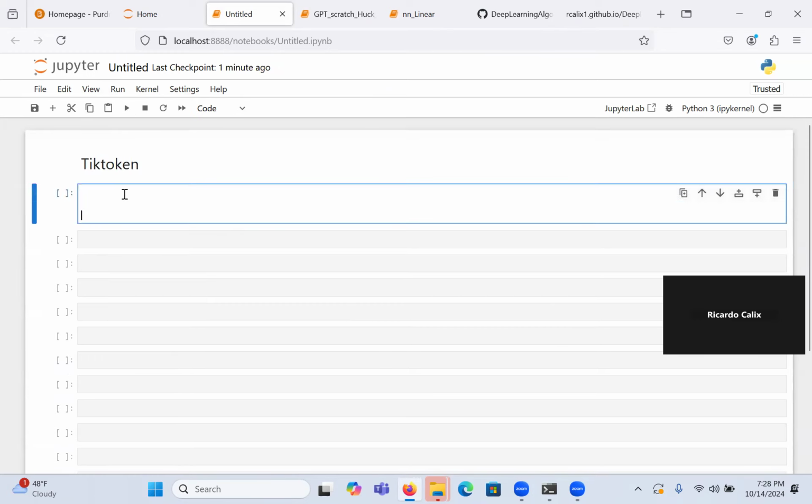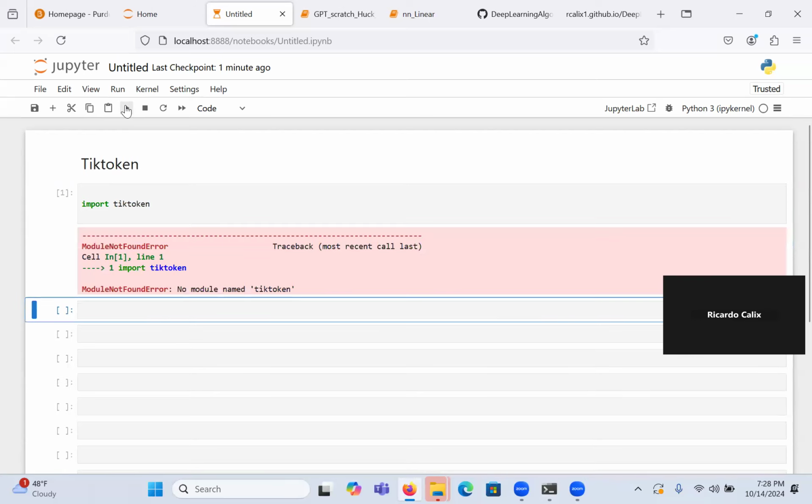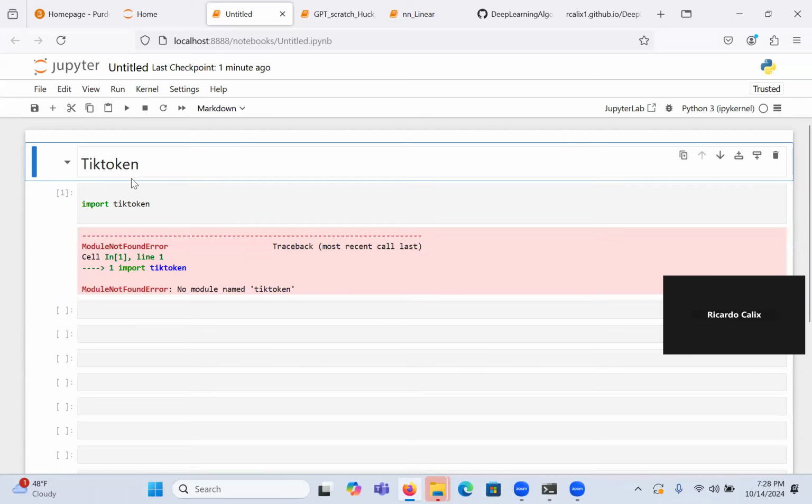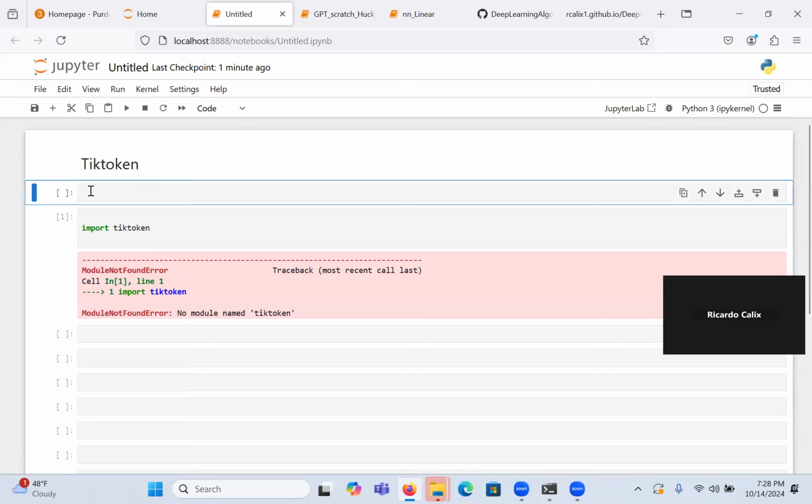Okay, so you're basically going to create a tokenizer. I'm going to do import tiktoken. I don't have it, I'm sure. Yeah, so I'm going to have to install it.